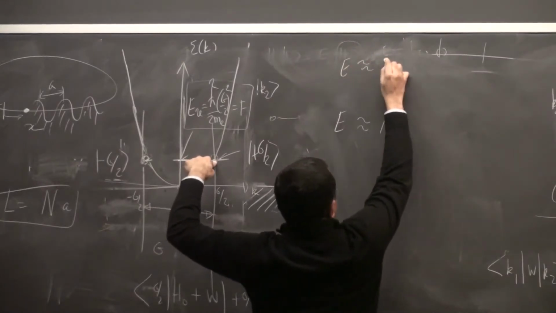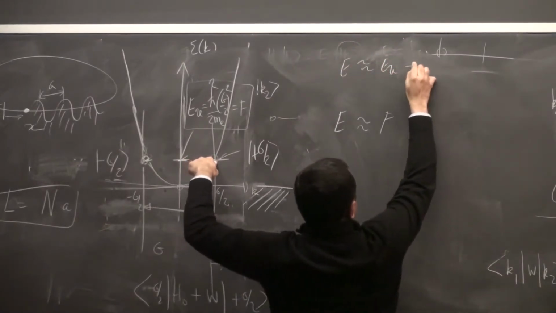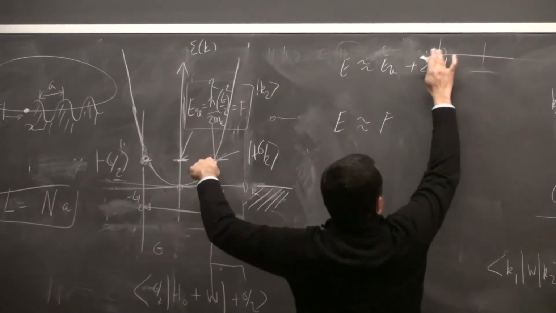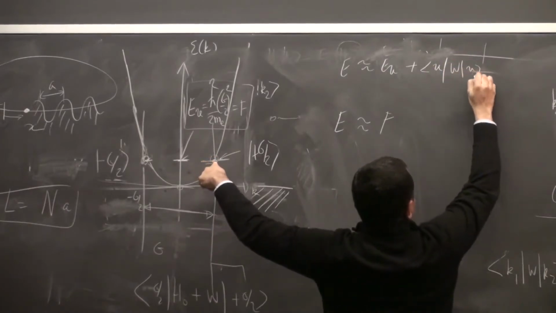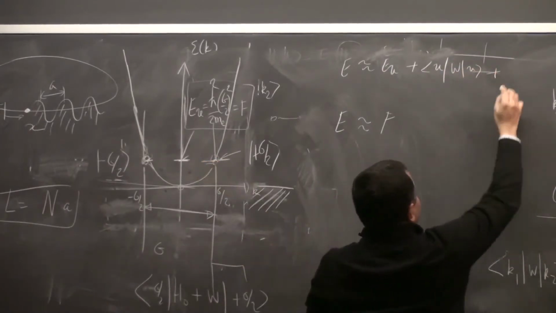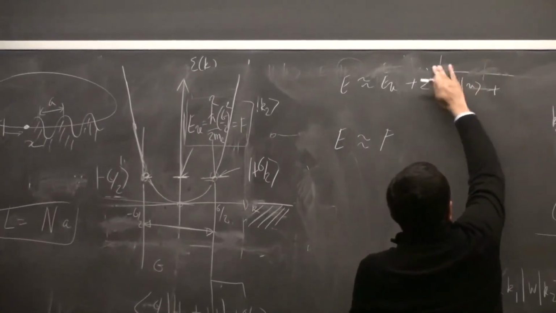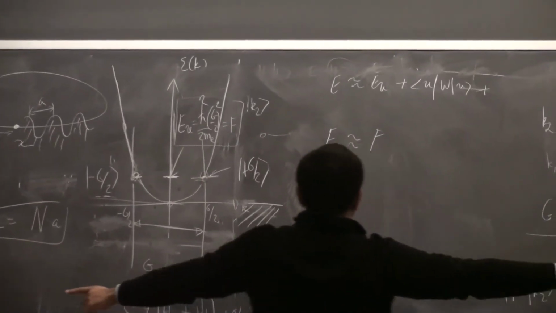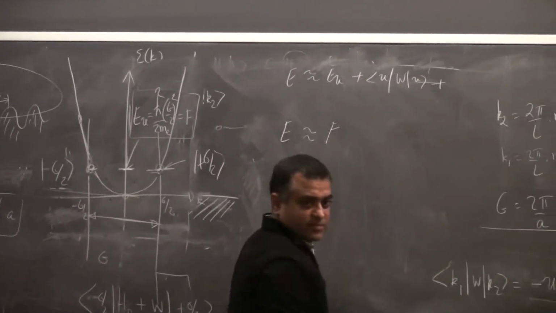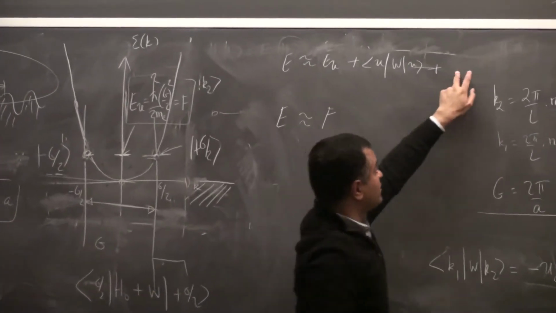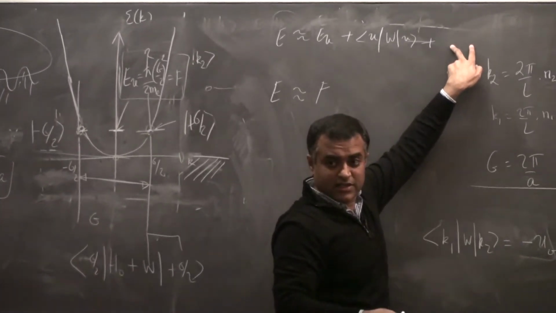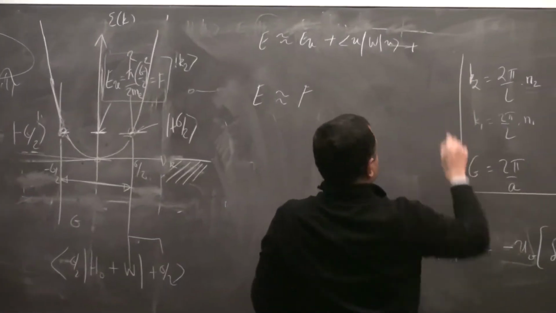New eigenvalues are unperturbed eigenvalues plus the unperturbed matrix, the first order term, plus, if I'm going to only talk to one other state, there's only one other term here. If I was talking to 5 other states, there'll be 5 other terms here, right? There's only one other state. So what will that be?